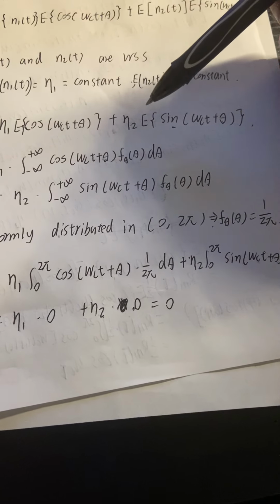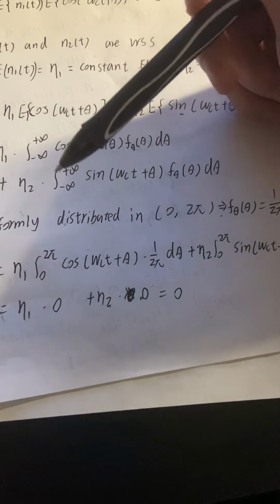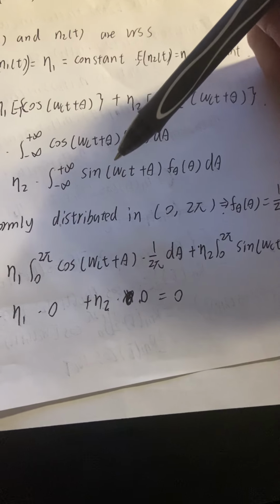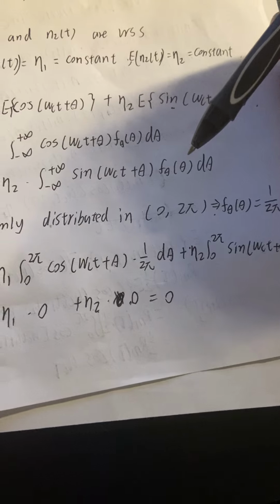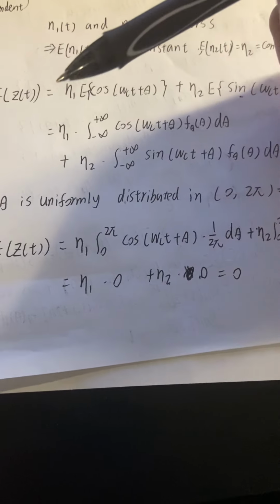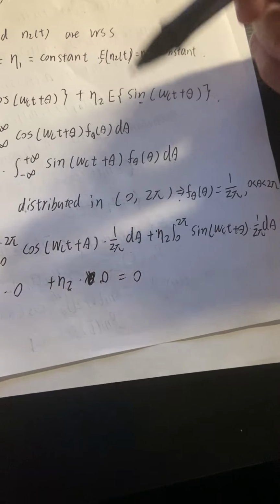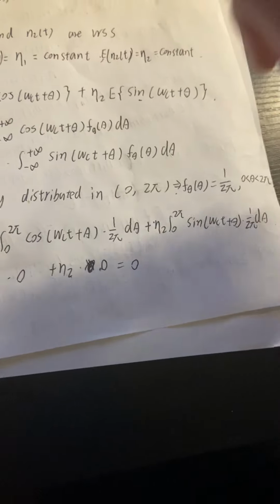For the second term, the expected value is the integral of sine(omega_c t plus theta) times the density function of theta d theta. We know theta is uniformly distributed, so the density function of theta is 1 over 2 pi when theta is between 0 and 2 pi.